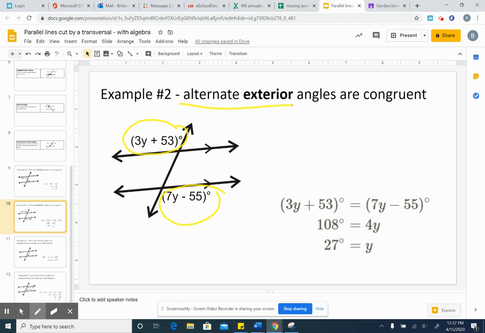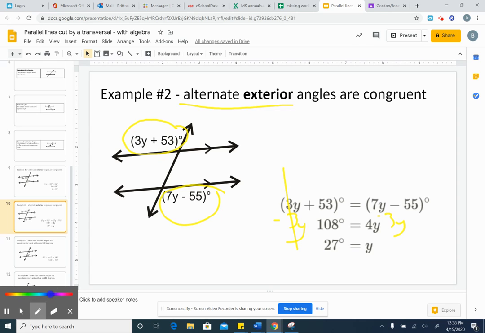So just like the last example, set both sides equal to each other. 3y plus 53 equals 7y minus 55. Now the work isn't shown here, but it's clear that we subtracted 3y from both sides, giving us 4y. Okay, those cancel.